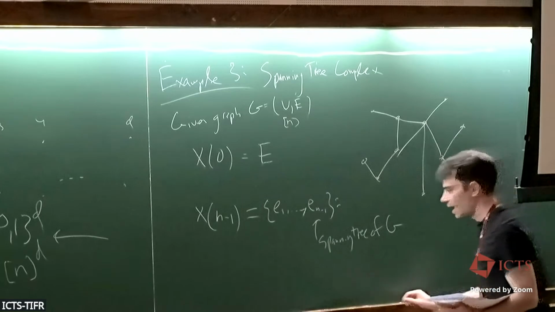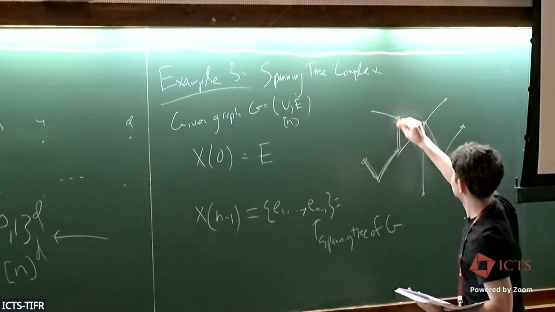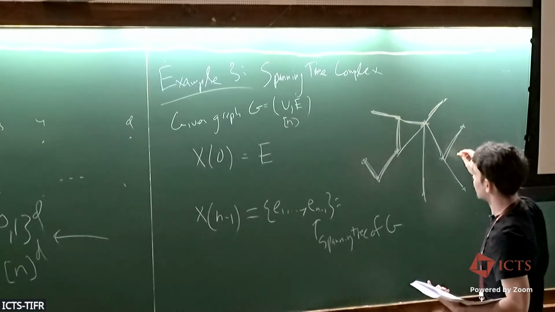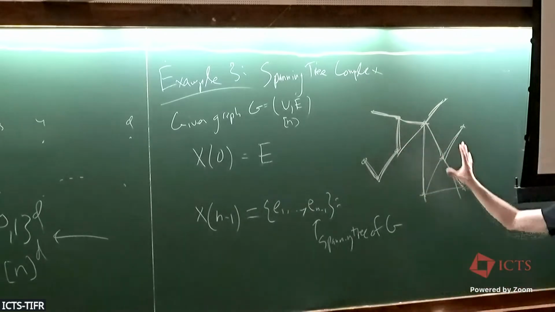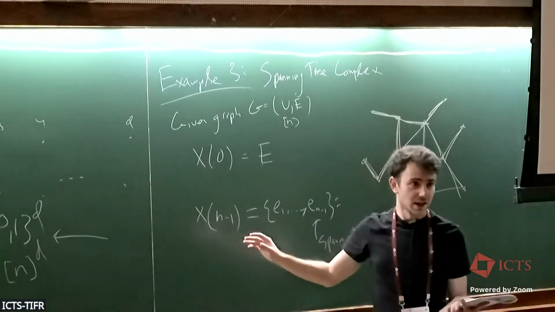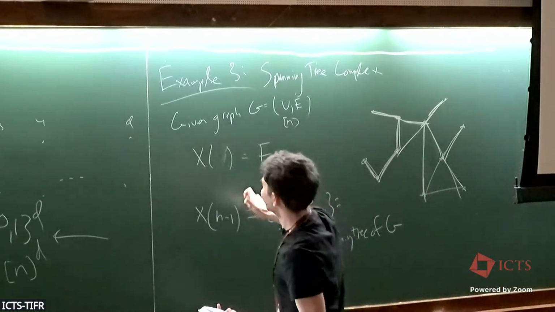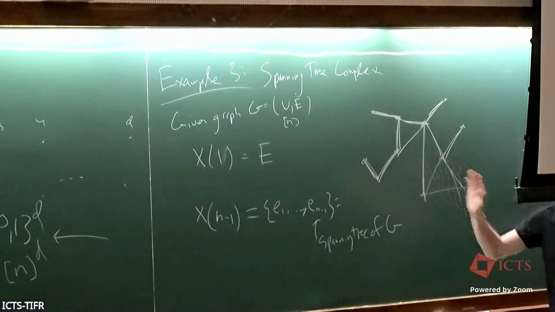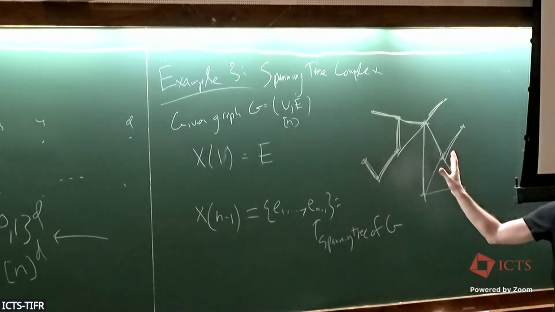Right, so maybe I take, I guess I need to add some more edges, but any sub-collection of these edges that forms a spanning tree will be in X(n-1), and then I'll generate downward. So the vertices are edges, and the top level faces are these collections that form a spanning tree.